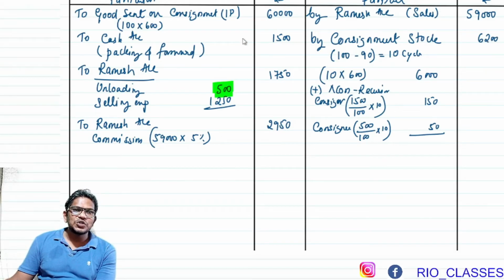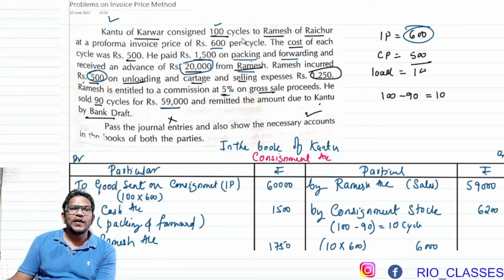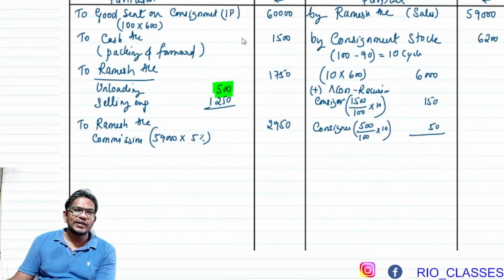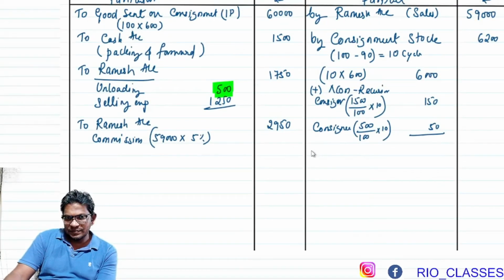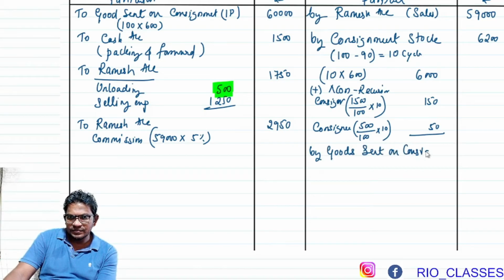So the problem is not over yet. Here we need to find out the stock reserve, goods sent on consignment account, everything. One by one, I'll take it here. By goods sent on consignment, you can say loading. What is the loading?